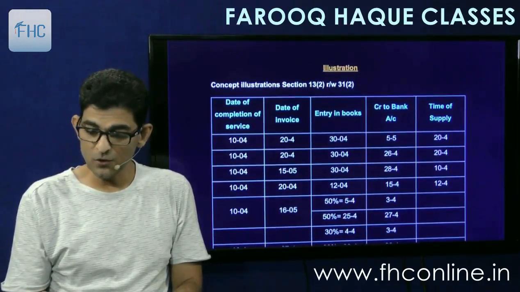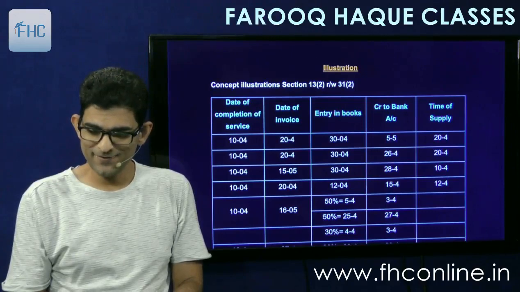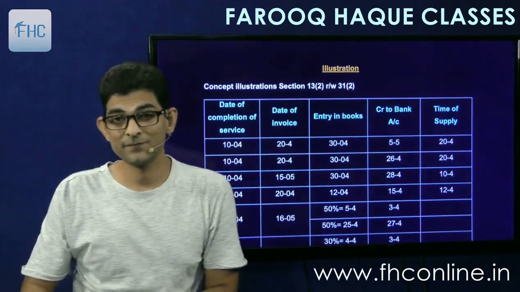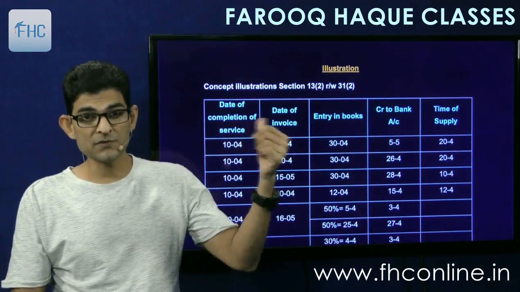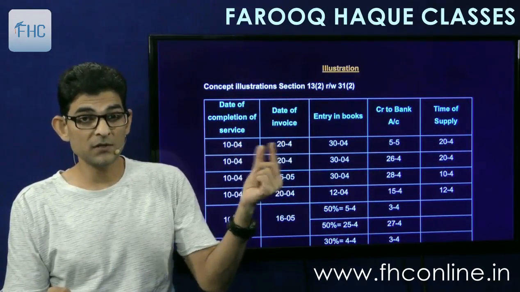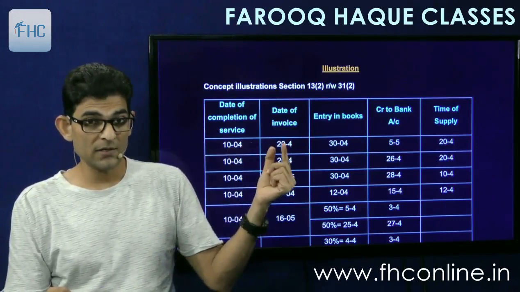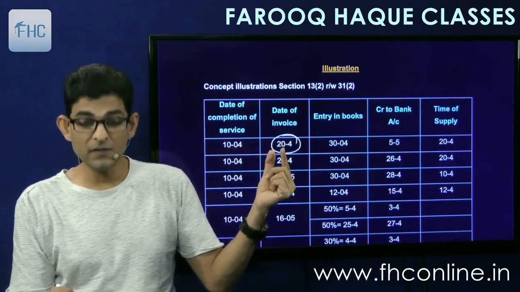And then a small illustration, date of completion of service, that is the date of provision of service. An invoice date, so we'll see whether this is within 30 days of this. Okay, like in this case 10 and 20, is it within 30 days? Yes. So we'll take date of invoice.